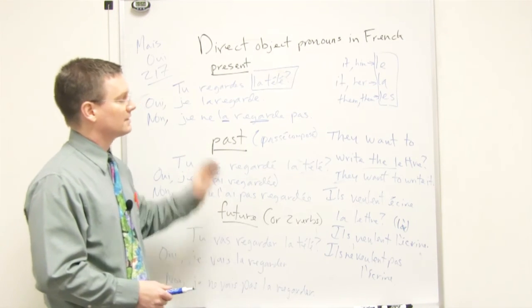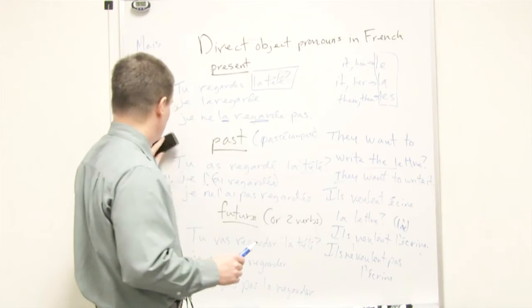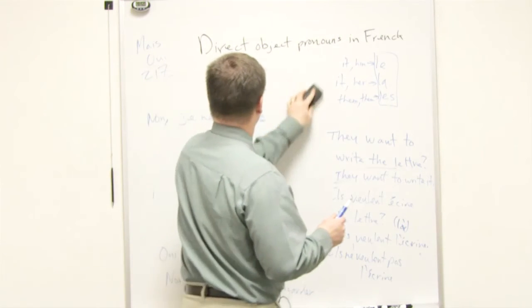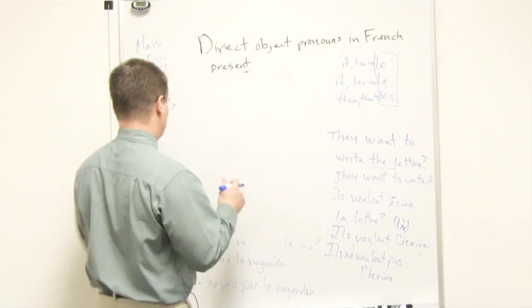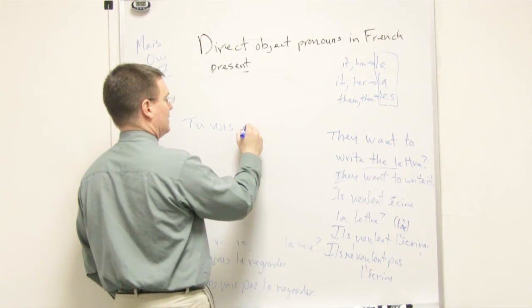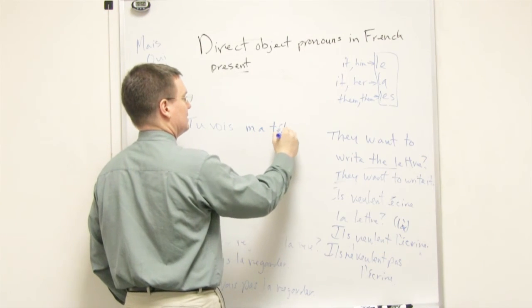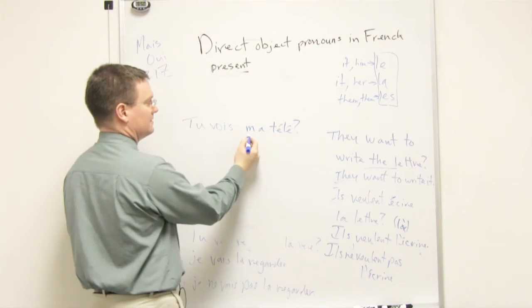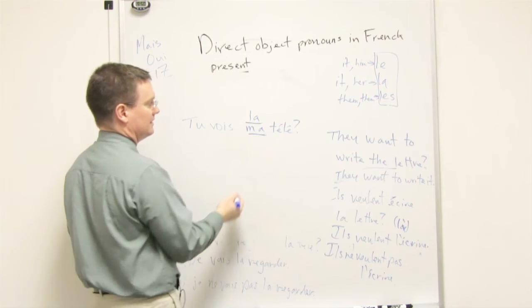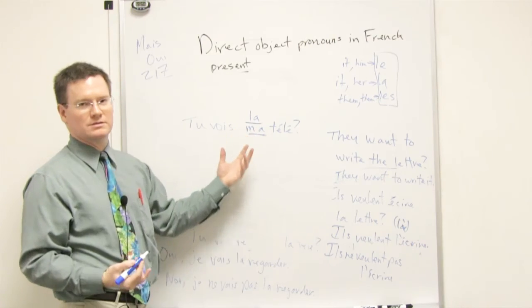So these are direct object pronouns in French. One quick thing about pronouns that I want to mention is, for example, tu vois ma télé. Notice if this is ma or la. If it's ma or la, either one will count as a direct object.